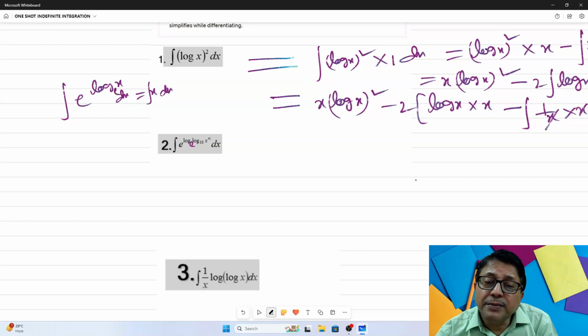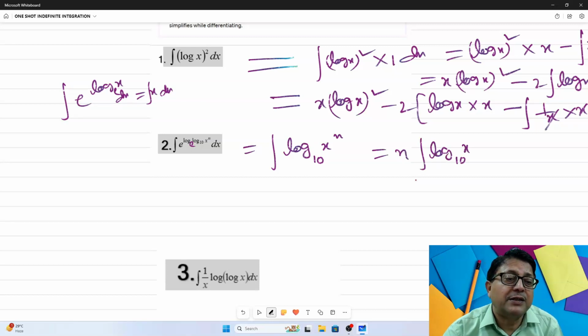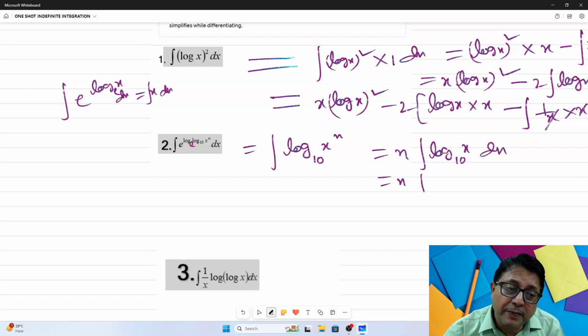So for this sum you write e base and e is there also. So you write log of x to the power n base 10. Keep n outside. Log x base 10 dx. You need to change the base and then use by parts.